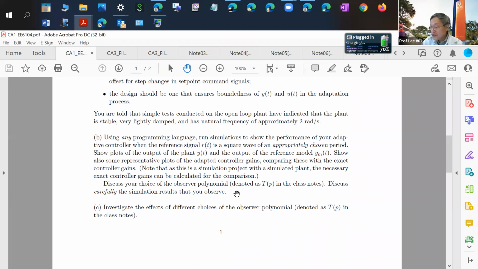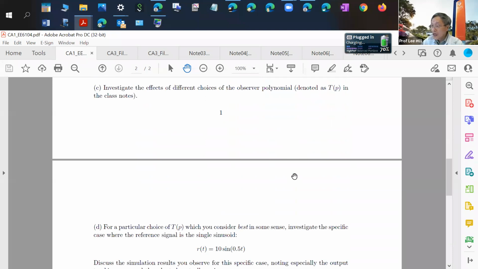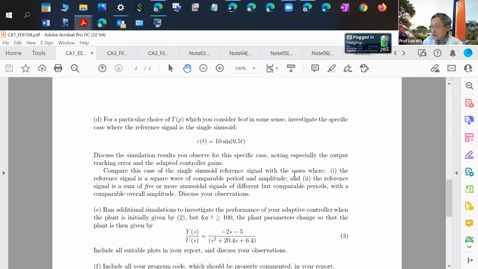But as I also noted, when we developed the theory, I said, this is basically a simulation project. And you can reverse calculate many of the things so that you can explore all of them in your simulation. That's why I suggested here: go and look at the observer polynomial, the 1 over T polynomial filter. Investigate different choices.